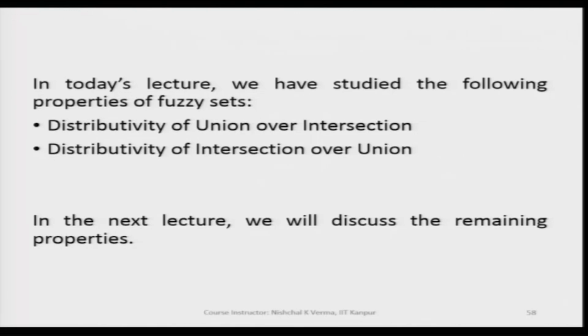In our examples we have taken two kinds of fuzzy sets, discrete as well as continuous, and we have seen that these two distributivity properties are verified. At this point we will stop, and in the next lecture we will discuss the remaining properties. Thank you.